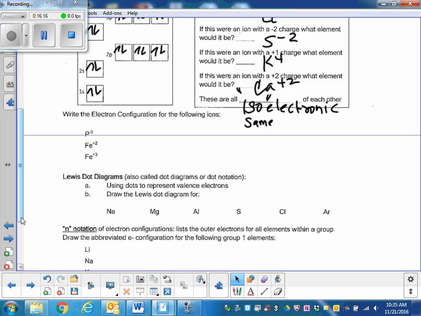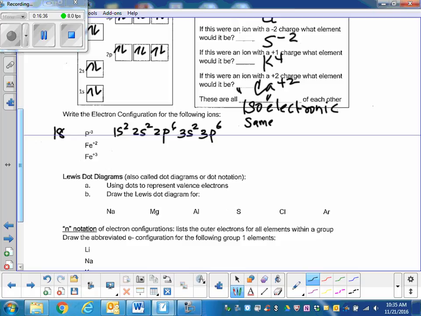Does it have 18 electrons? P minus 3 has 18 electrons. Is it the electron configuration of argon? So it's going to be 1s2, 2s2, 2p6, 3s2, 3p6. Are we good?